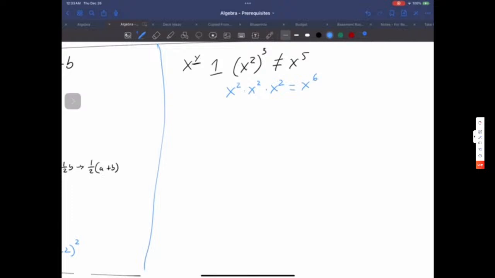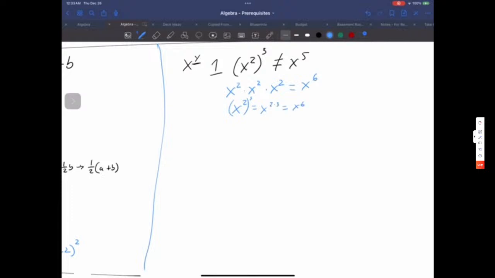The other way, and this is what you should have internalized, is that whenever you take something that is exponentiated and you exponentiate it again, you multiply those things. So you can see there's 3 2's that we expanded this out into, and that's where that 6 came from. So rather than thinking of it as x squared times x squared times x squared, you do need to get to the point where you just say x squared cubed is just x to the 2 times 3, and that's x to the 6.